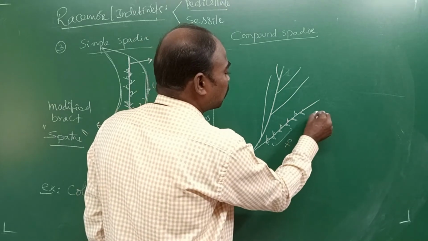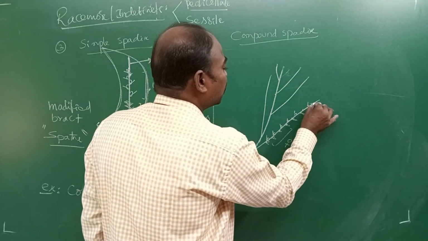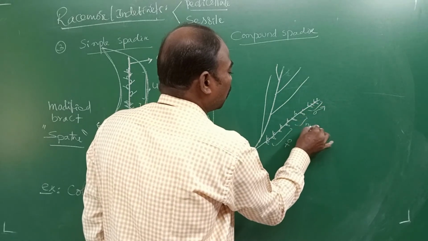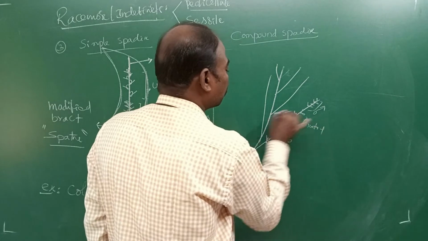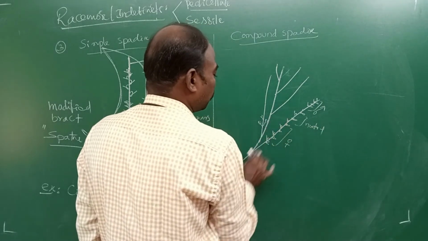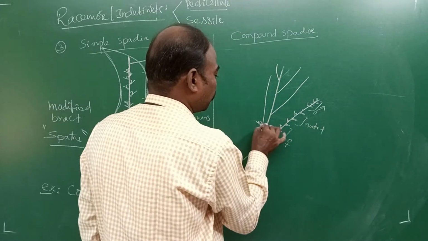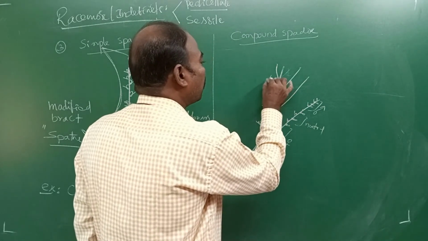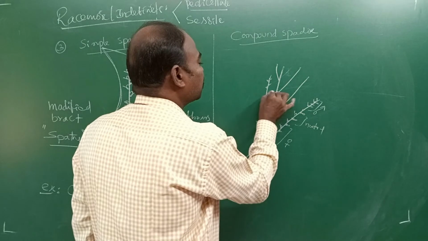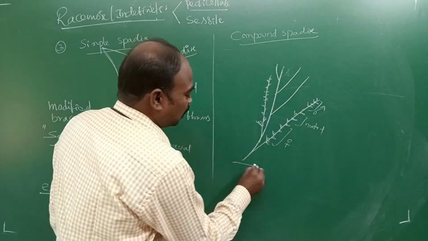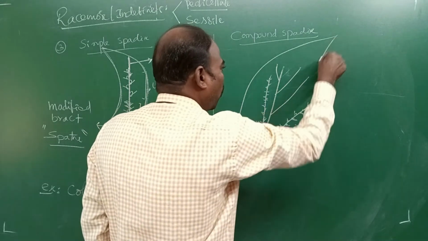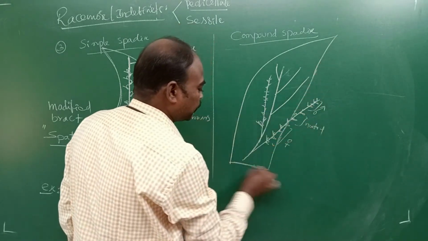Female flowers, male flowers, neutral flowers. Female flowers, male flowers, neutral flowers. But the whole inflorescence is covered by a boat-shaped spathe.